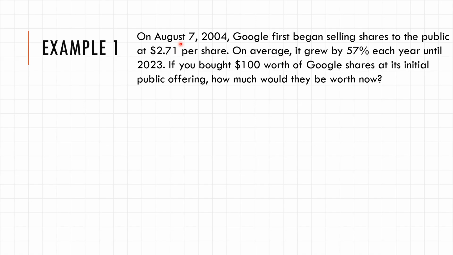And the price of one share increased by 57% each year on average until 2023. So if you bought $100 worth of Google shares at its initial public offering, its IPO, in August of 2004, how much would your shares be worth now?